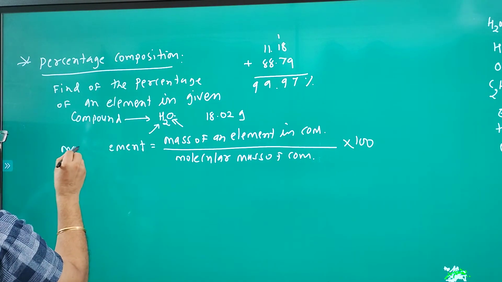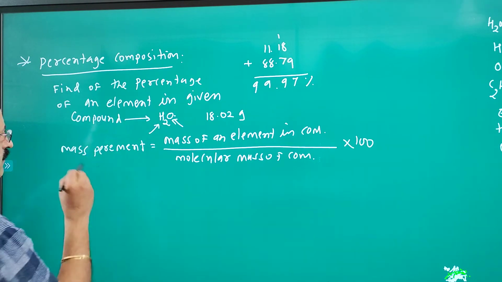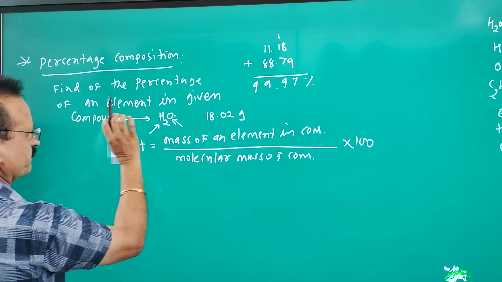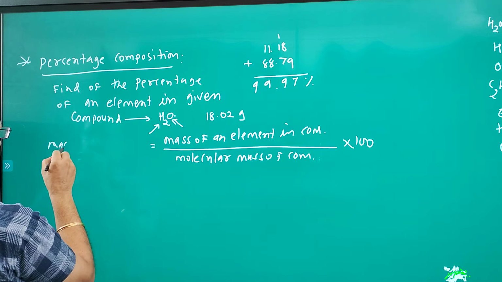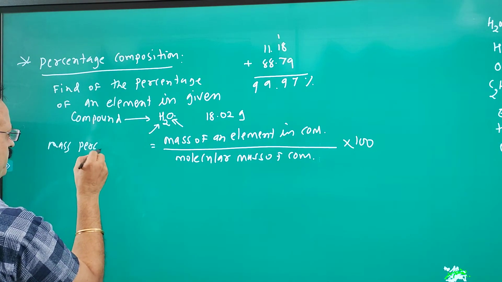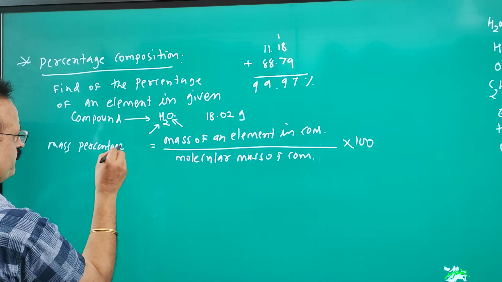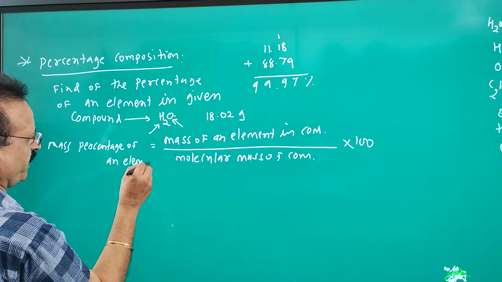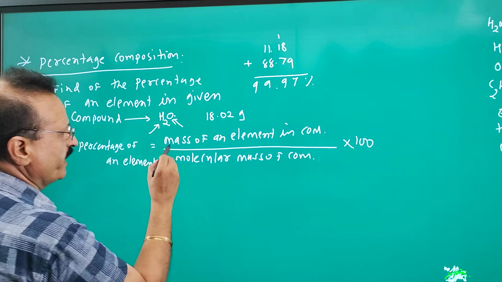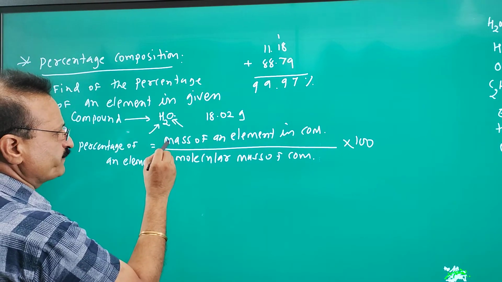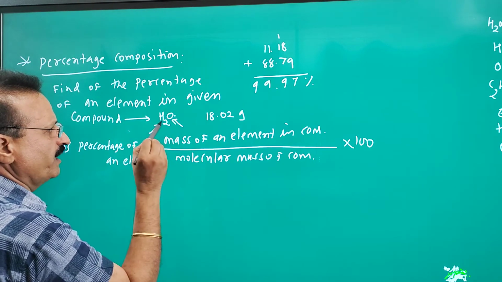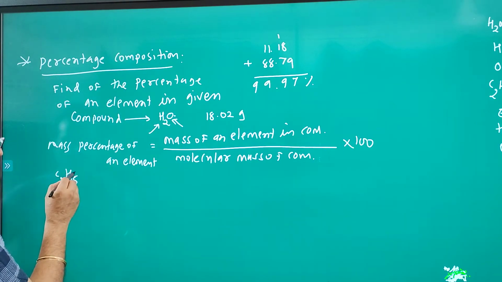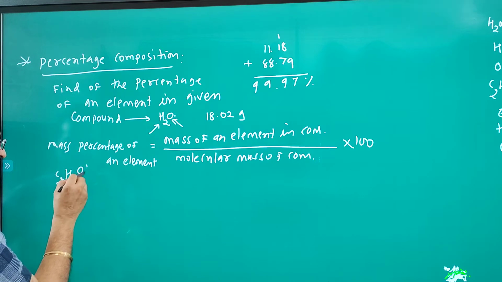Mass percentage of an element. This is the formula, right? So we have to find the mass percentage of carbon, hydrogen, and oxygen. In ethanol there are 2 carbon, 6 hydrogen, and 1 oxygen.